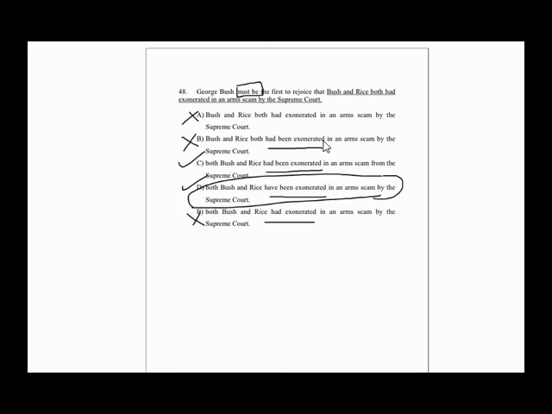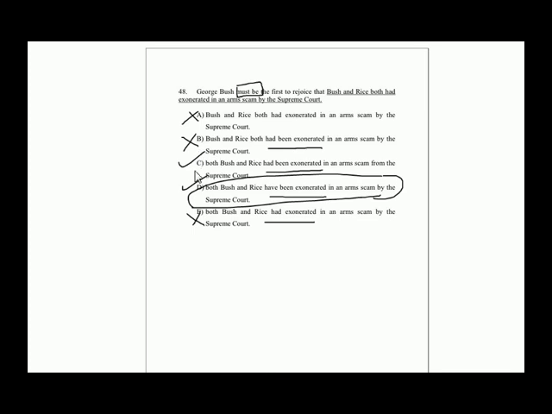So we focused on the 3 correct choices with the correct usage of "exonerated." And second level elimination was the usage of "both." When "both" is used as an adjective, it should be used before the words it modifies.